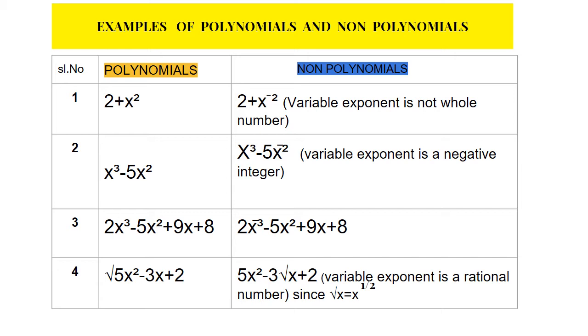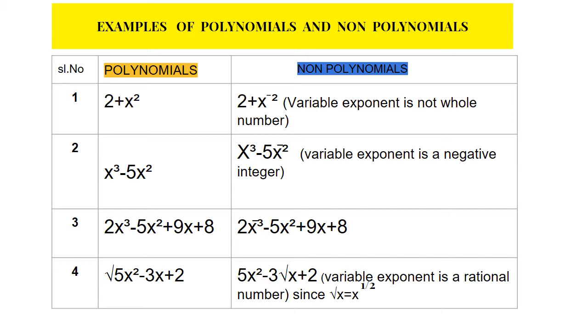Here 2 is the constant and x is the variable, combined with addition. So the combination of variable and constant is known as an algebraic expression. In this algebraic expression, the exponent of x must be a whole number or non-negative integer, then it is said to be a polynomial.